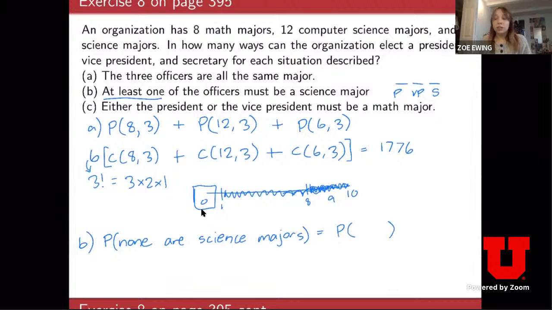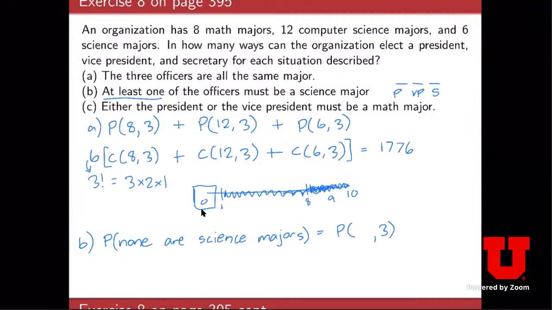If we want none of the officers to be science majors, we're still going to be picking 3 officers. So we still have 3 as the R value. But we do want to adjust the N value because we're no longer including the science majors in what we're counting. So what are we going to put there? 20.